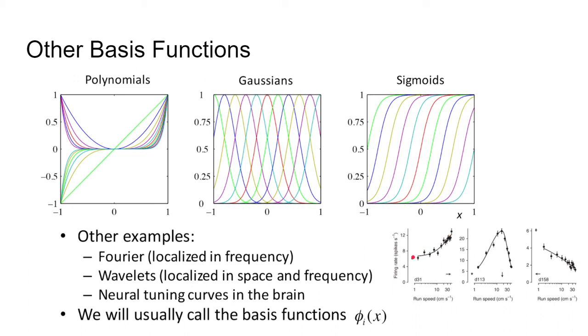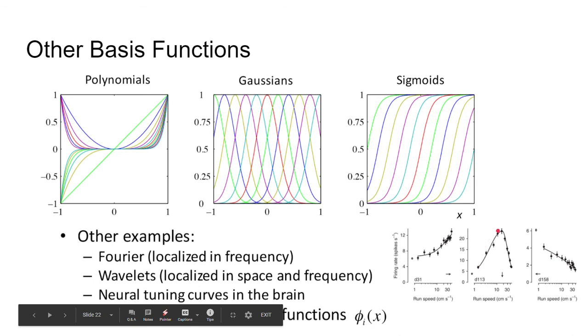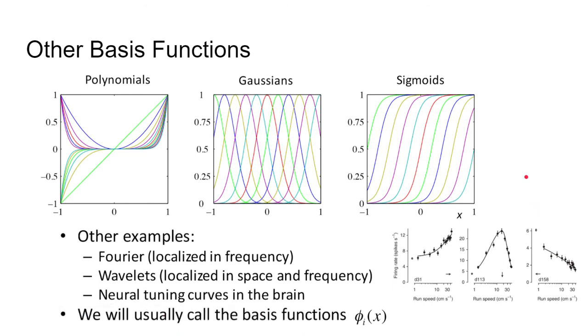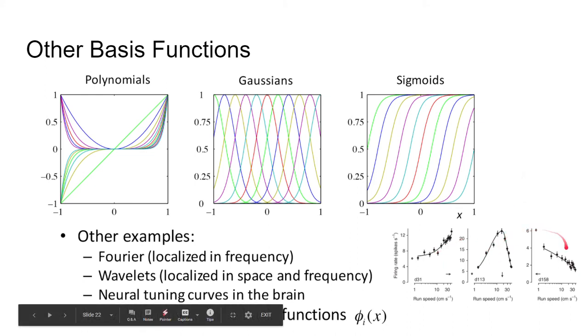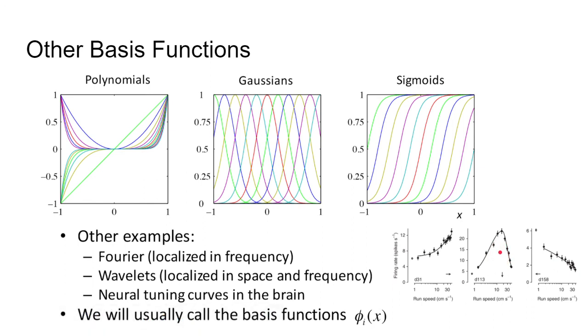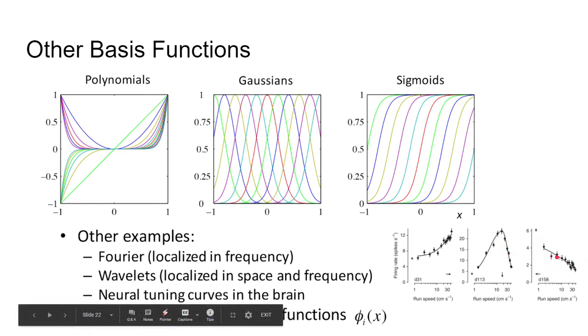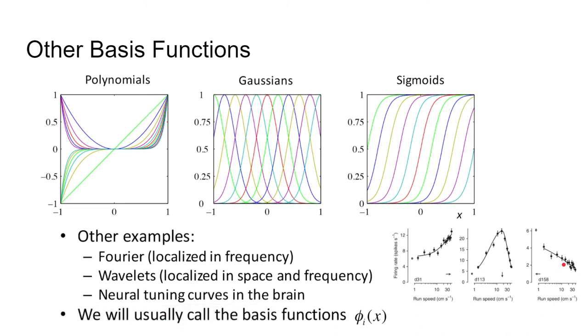And so you can think of this as one basis function, and then you have another neuron that has this as its curve, and another neuron that has this as its curve. If you wanted to compute some function of the running speed of the rat, you could use this set of basis functions to add up something: this curve times 0.3 plus this curve times 0.1 plus this curve times -3, and you would get a new curve that could be useful for something. So there would be some other function that would be there.